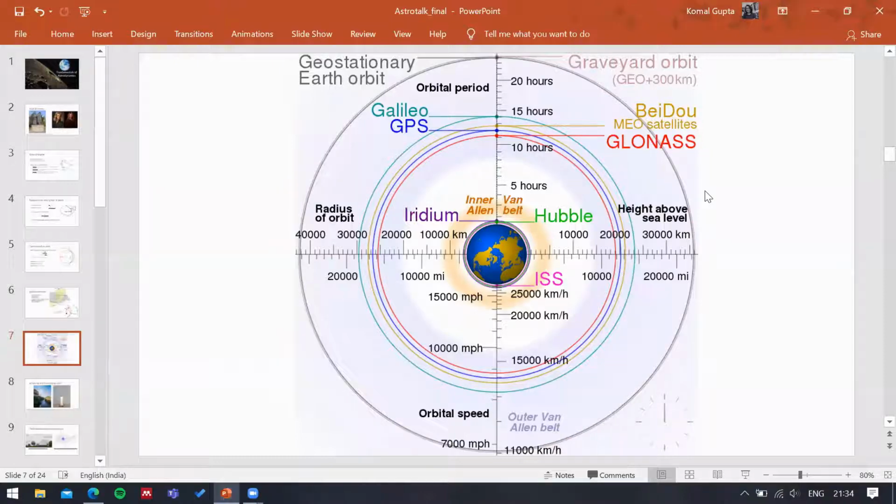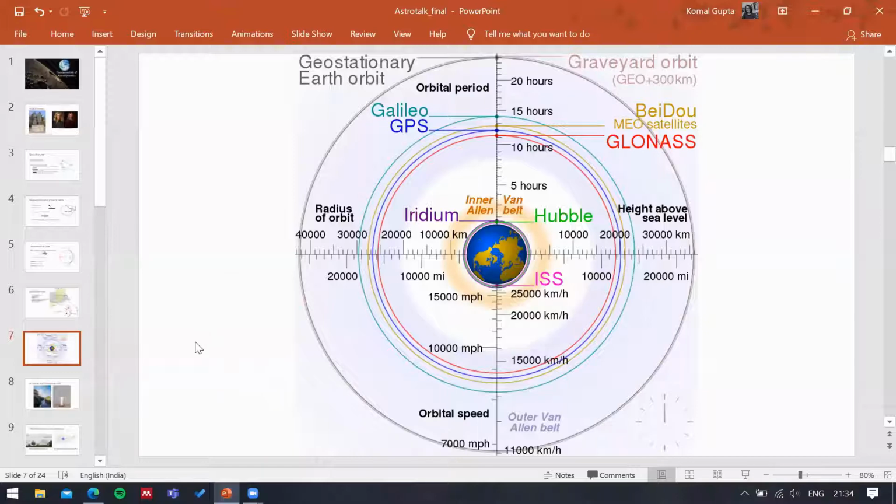And most geostationary satellites are for weather monitoring, for communication, and also for monitoring space weather, so solar activity. So these are the three loosely defined main bands in which we put our satellites, and there are obviously tons of other satellites that move in and out based on their eccentricity.